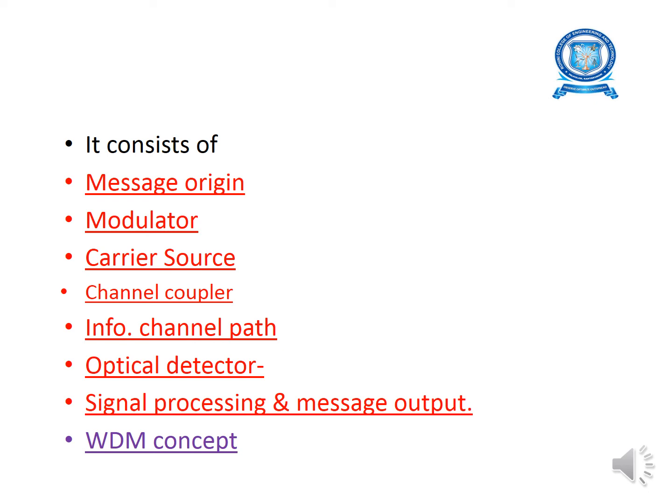The next section is the repeater part. The repeater contains an optical receiver, an optical transmitter and an amplifier. The optical receiver detects the optical signal and converts it into an electrical signal, which is amplified, reshaped and sent to the electric input of the amplifier.